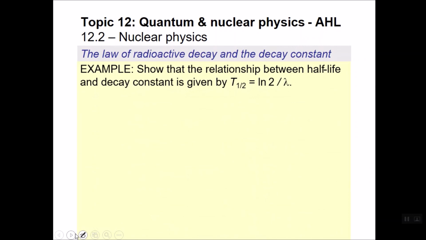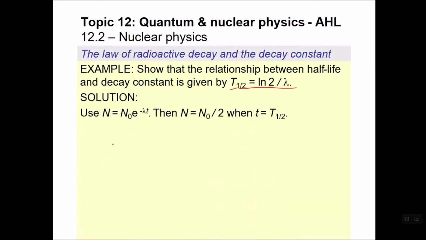Okay. So here's a sample. Now, this is something that IB would expect you to derive. They want you to derive this equation right here. Okay, so we're going to start out with the equation that we just talked about. And then when t equals the half-life, this is what we start out with.